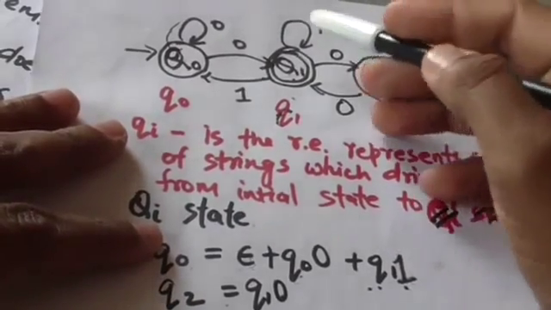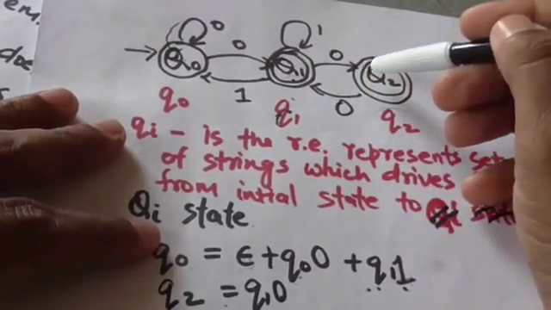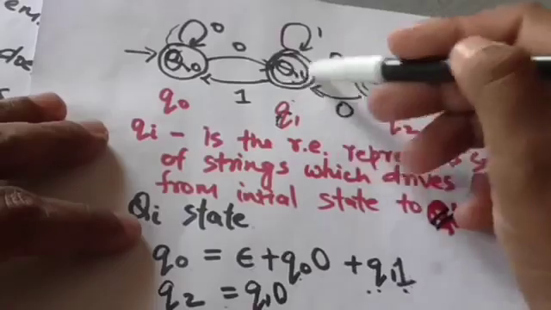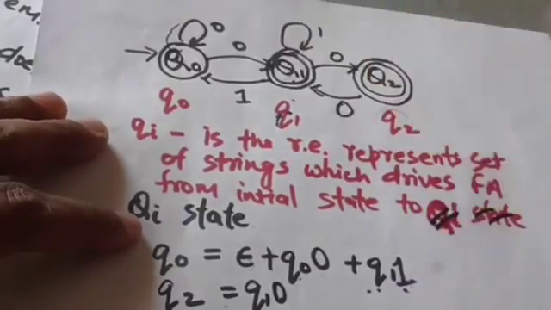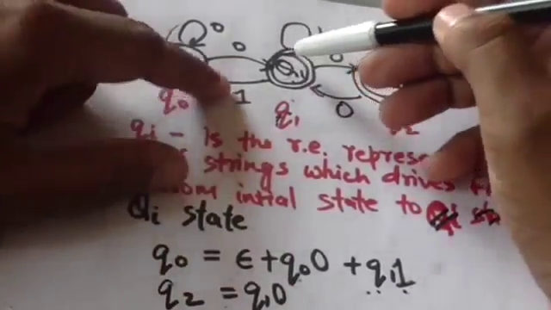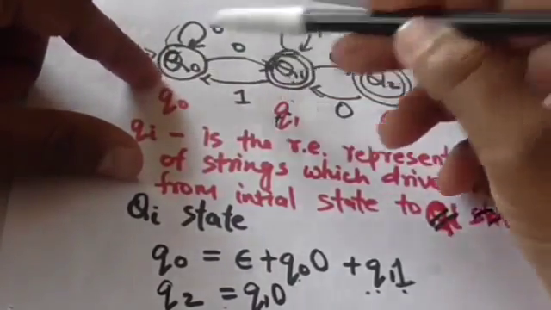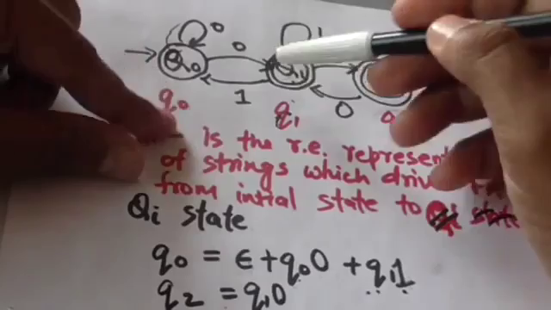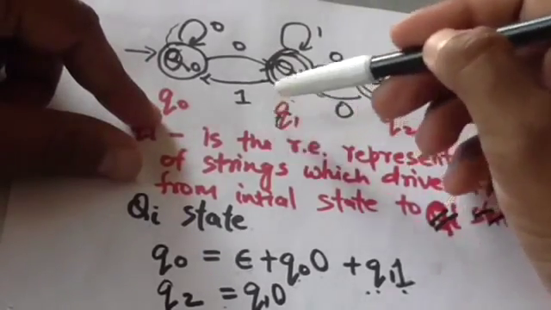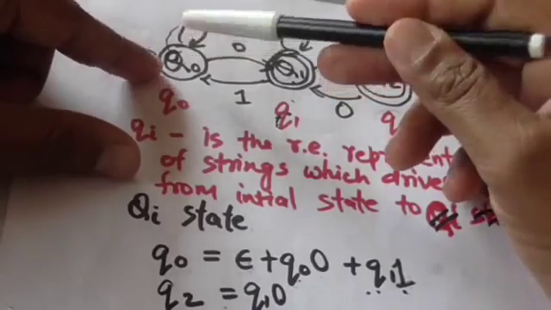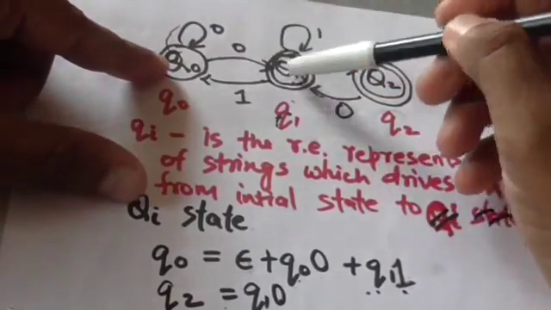Now see, when the machine is in state Q1, right, and it reads an input symbol 1, it will jump to state Q0. So the regular expression Q1 represents the set of all strings which drive the machine from the initial state to Q1.